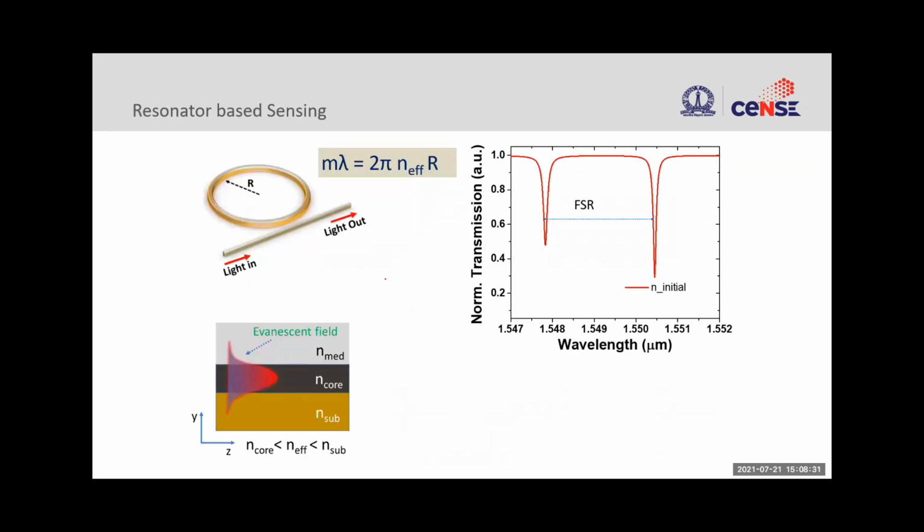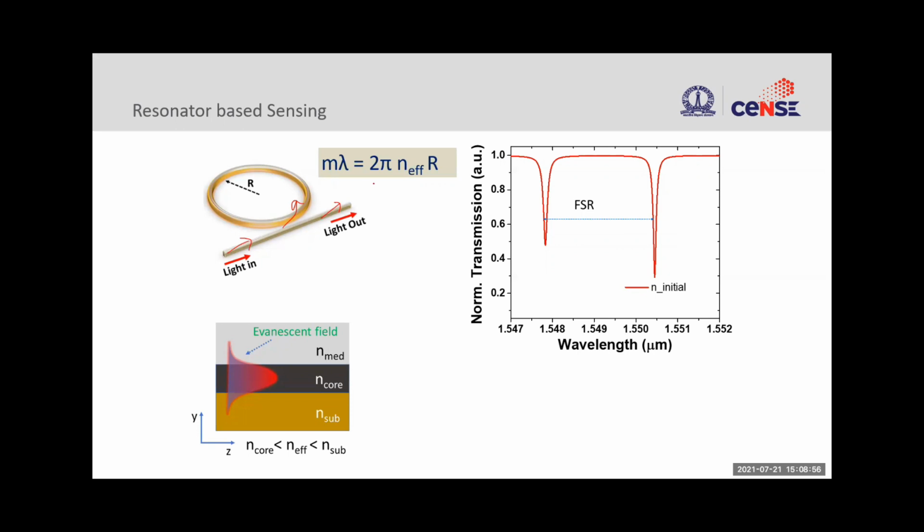There are multiple platforms one can use. The simplest form is a resonator that we see here. This is a waveguide where light is propagating, and there is a loop waveguide, and this loop is called the ring. You couple the light inside this ring, again using evanescent coupling.